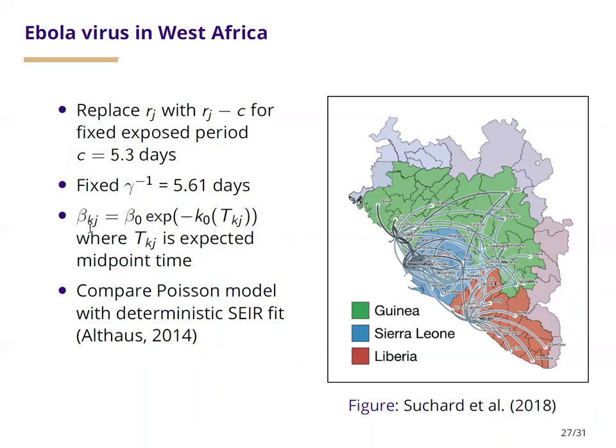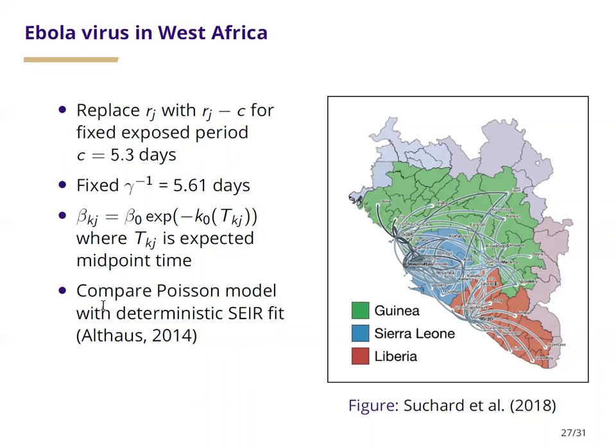Next, I will allow infection rate beta_kj to depend on a time value. Now, in our modeling framework, it's really supposed to be between individual infection rates, and how we incorporate the time is with an expected midpoint time, t_kj.